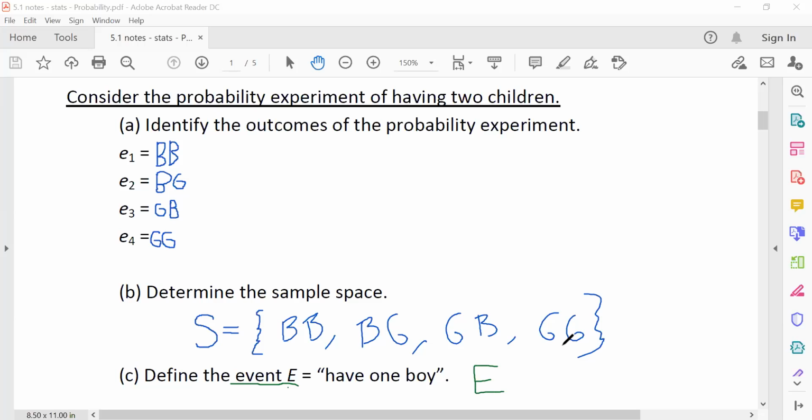We're going to call the event E of having one boy. Let's look at the four outcomes: which of these go along with having one boy? Well, not this one. This one is having two boys. But here you have one boy. It's the first child you have. Here you also have one boy. It's the second child you have. So the event E then is BG, comma, GB.